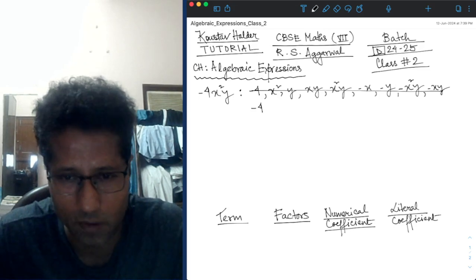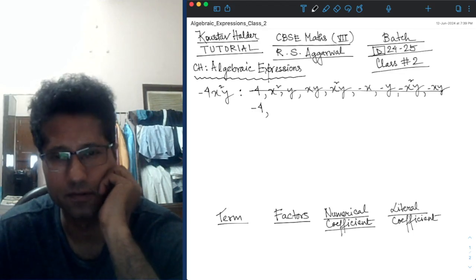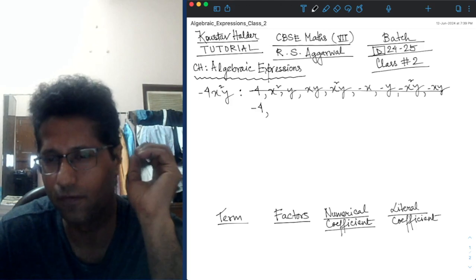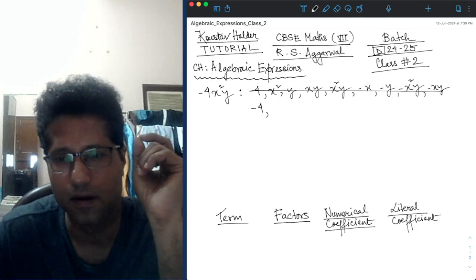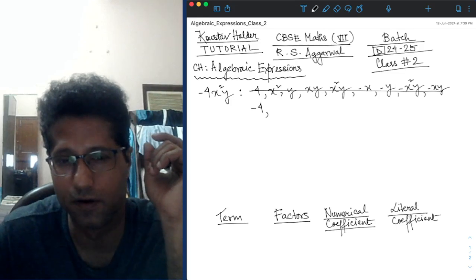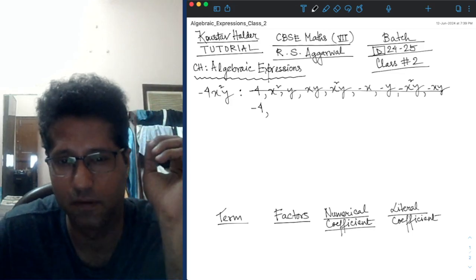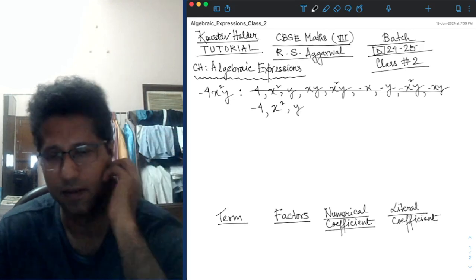So the correct factors of this term minus 4x square y are the numerical part, that is the constant part, minus 4, and you consider all the literal factors. So the factors of this term will be minus 4, x square and y and nothing else.